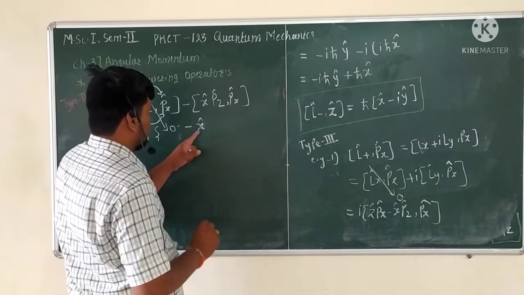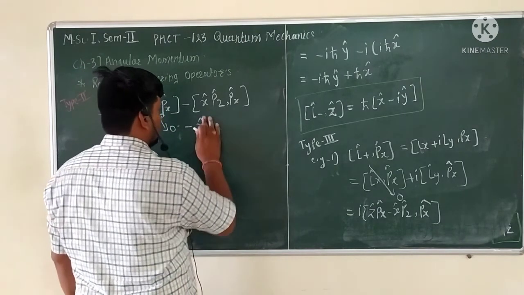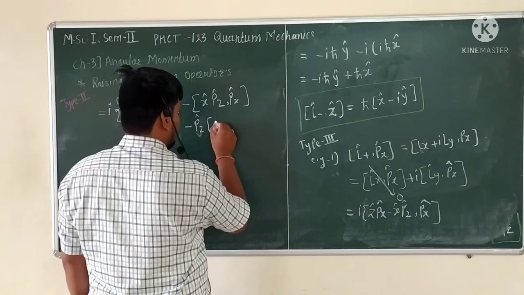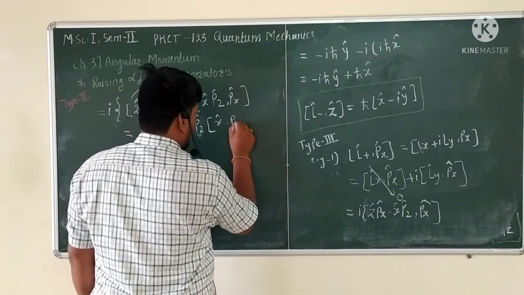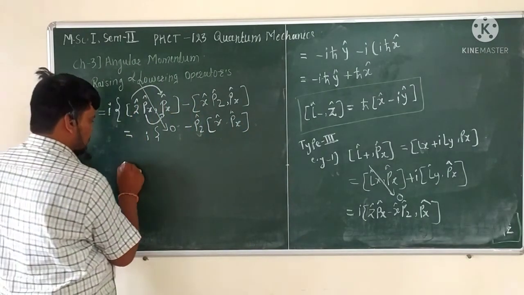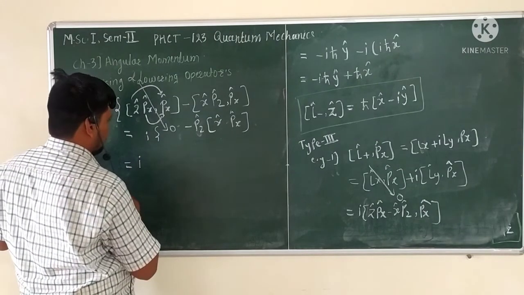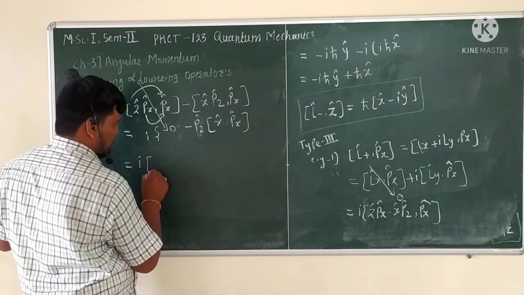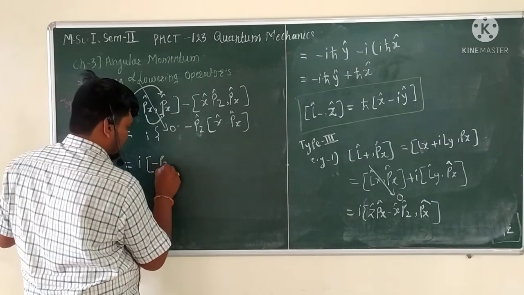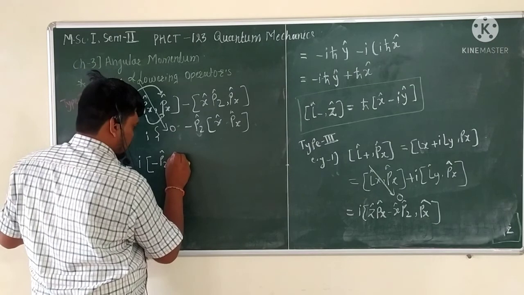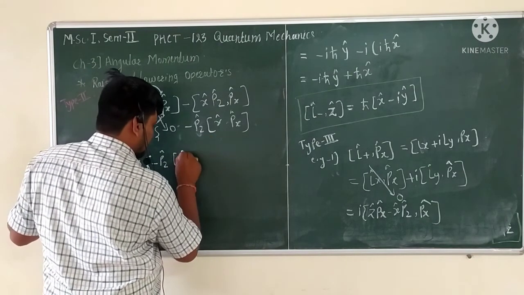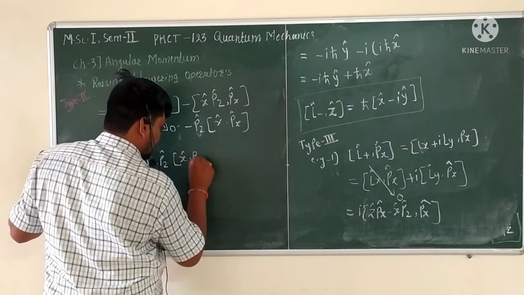Pz cap is taken outside, so in the bracket [x cap, Px cap]. With i taken outside, the bracket has minus Pz cap times the commutation relation of x cap with Px cap.